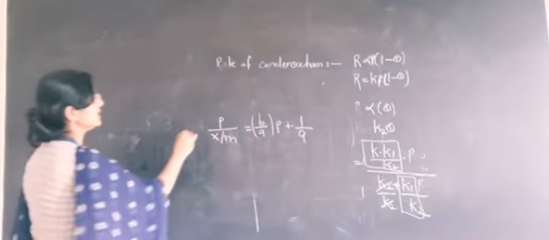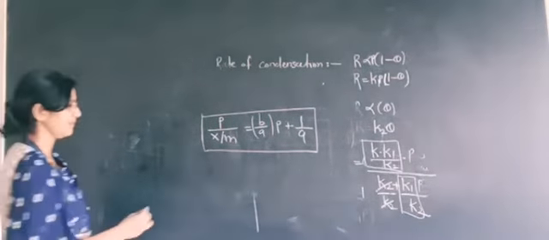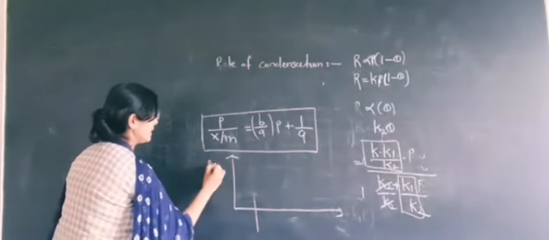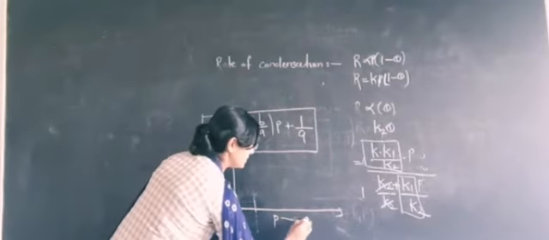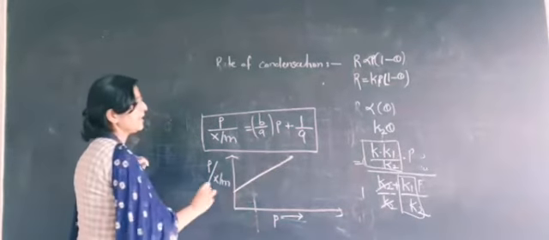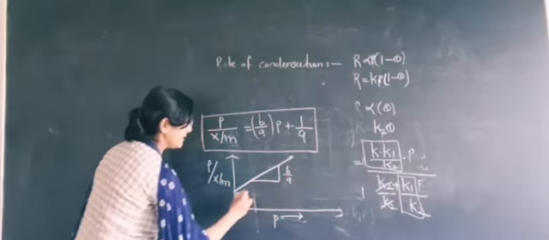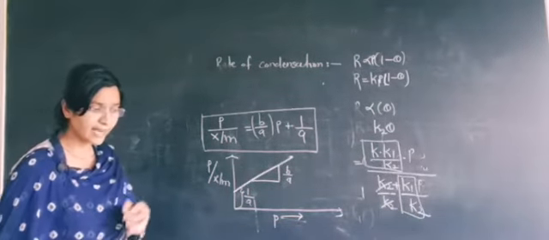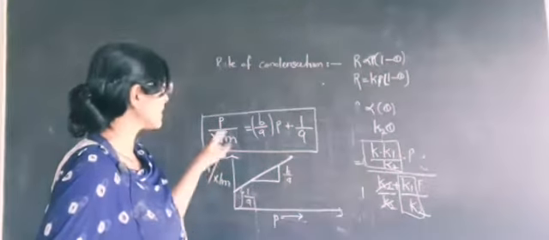This equation is valid for the Langmuir adsorption isotherm. When we plot the graph of P by x by m versus P, where P is the x coordinate, we get a straight line with slope B by A and a positive intercept, that is 1 by A. The validity of this adsorption isotherm is clearly shown by the graphical representation.